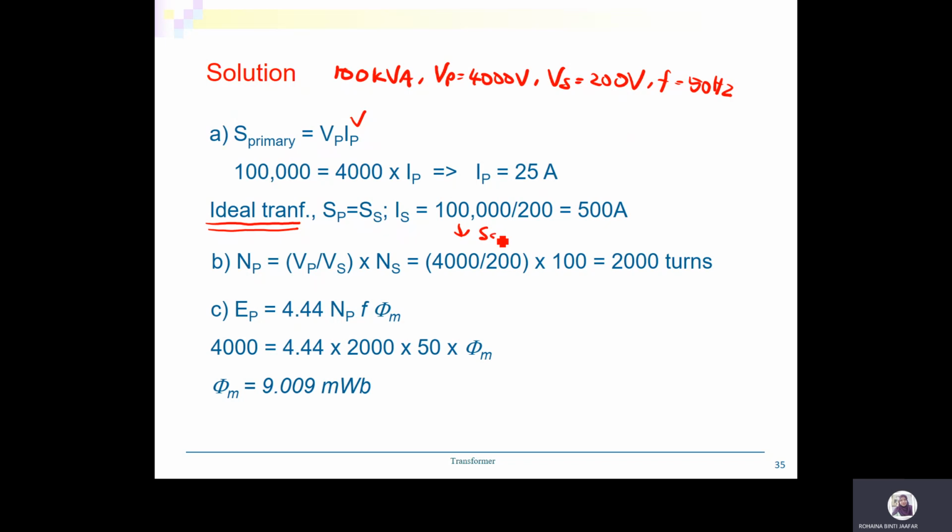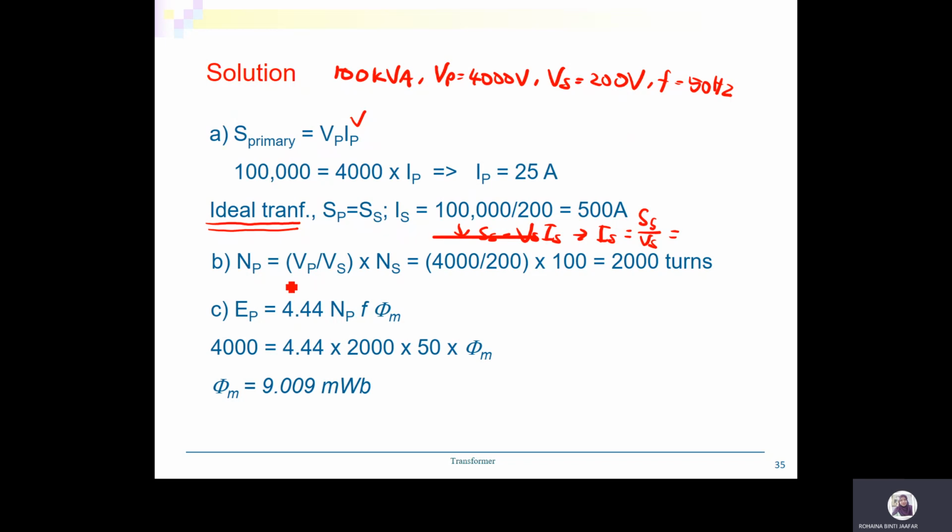S secondary equal to V secondary times I secondary. Therefore, I secondary equal to S secondary over V secondary. So that's why you will get this formula.